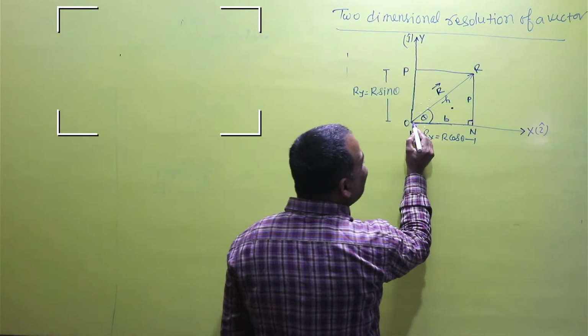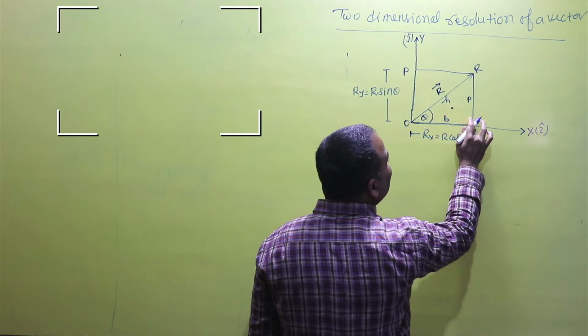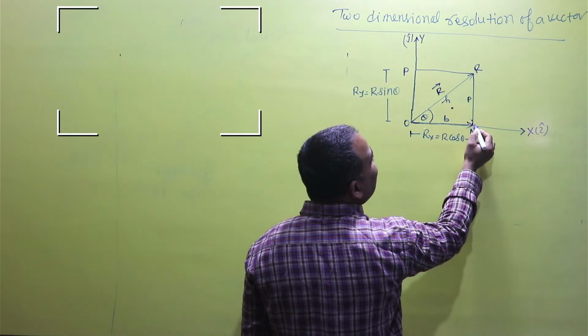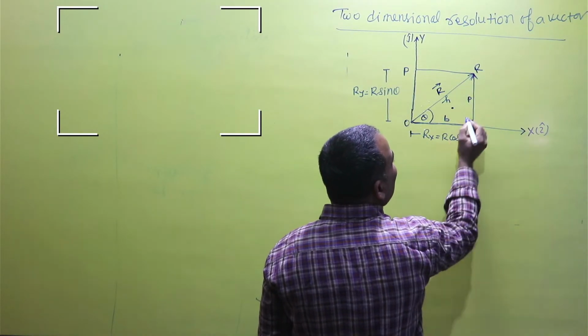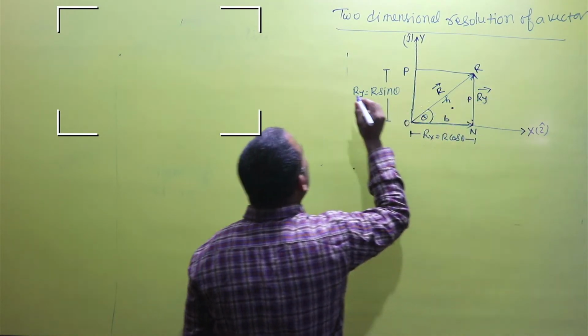So the Rx, what is Rx? It is directed along the x-axis, and Ry is directed along the y-axis. This is called Rx and this is called Ry.